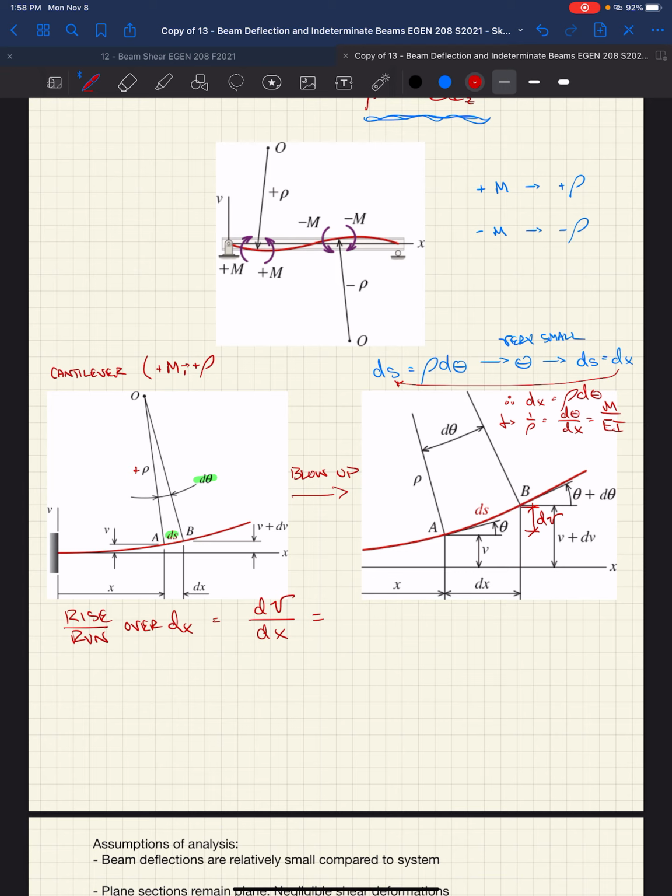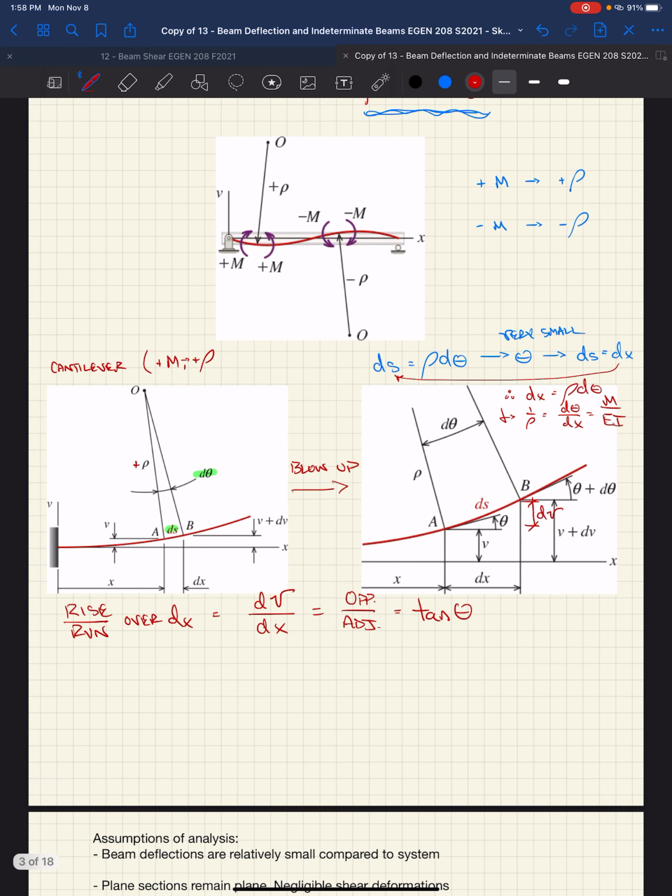Well, dV over dx is the same as saying the opposite over adjacent. Those are the lengths that we're really taking out of here. Well, the tangent of theta equals the opposite over adjacent, theta being this angle that we have, this displaced diving board.